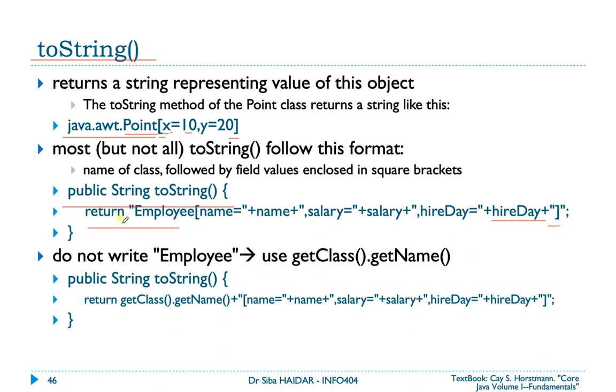Instead of writing Employee, this toString method can be inherited by the Manager class. So if it was not overridden inside the Manager class, it will appear as Employee. This is not beautiful. So you have to write getClass().getName(). This way, inside the Employee class, it will be Employee, and inside the Manager class, it will be Manager.